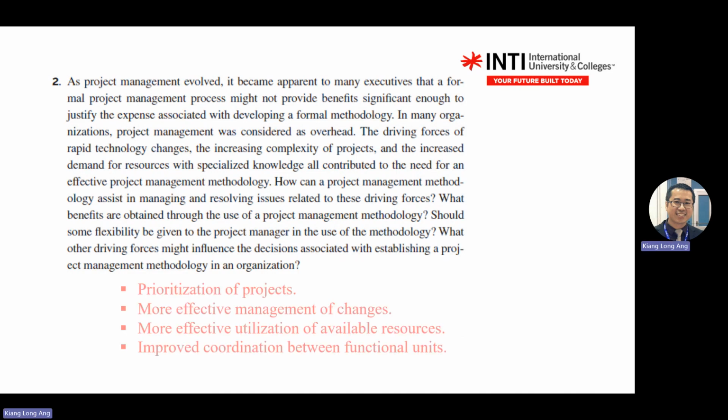When you consider the project methodology, or the method that you use for the project, you consider these four main factors: priority, action, management of changes. This is about what are the benefits that can be obtained through a project management methodology. So these are all benefits.